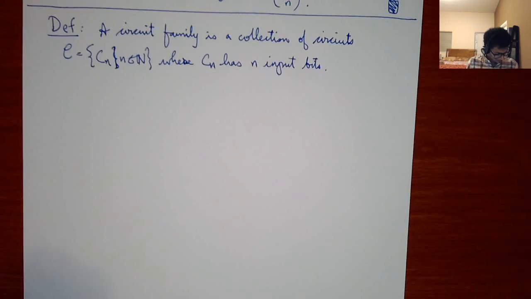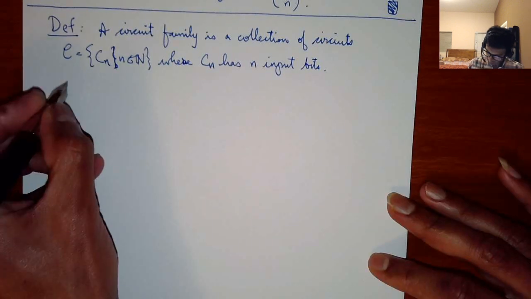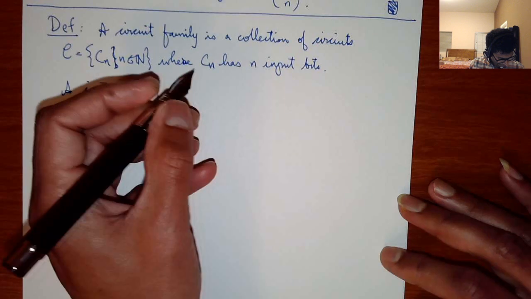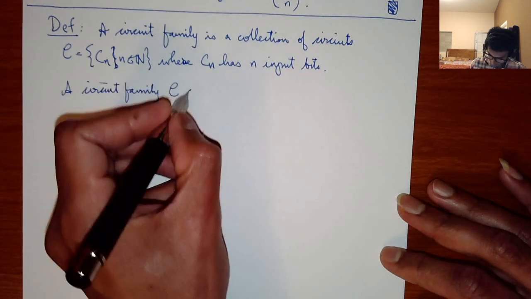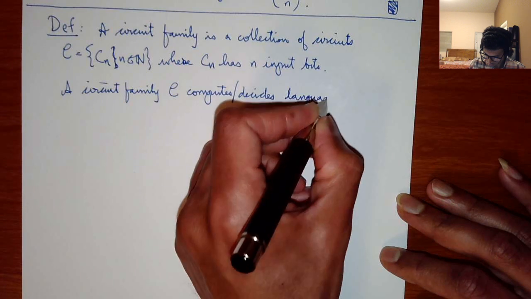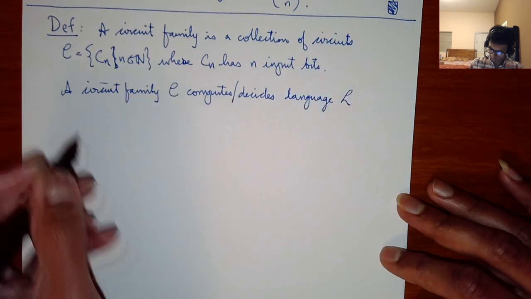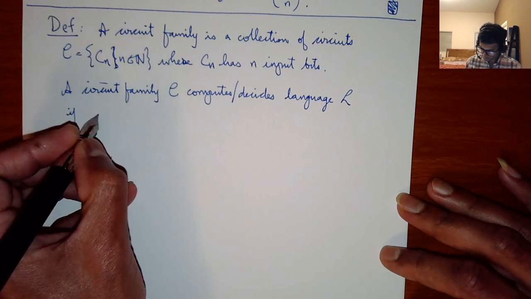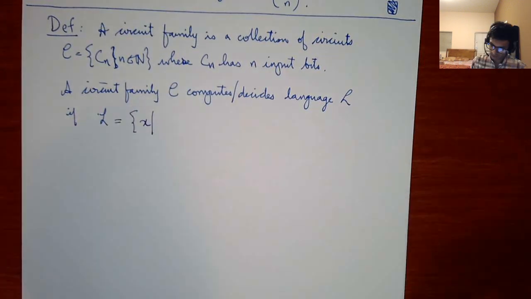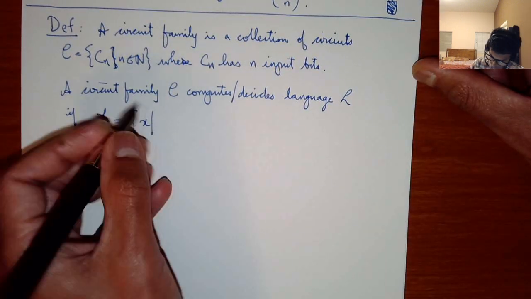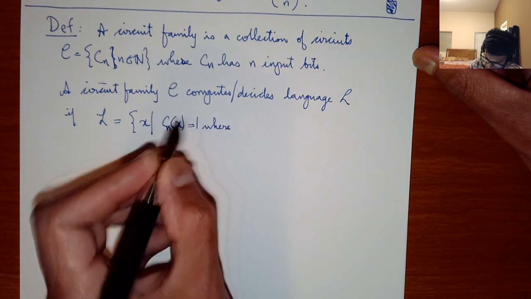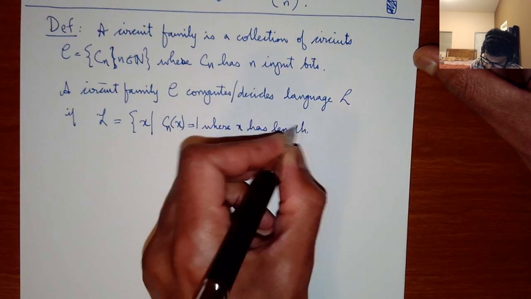We'll say a circuit family C computes, or you can even say decides, language L if L is equal to the set of x such that C(x) is equal to 1, where x has length n.